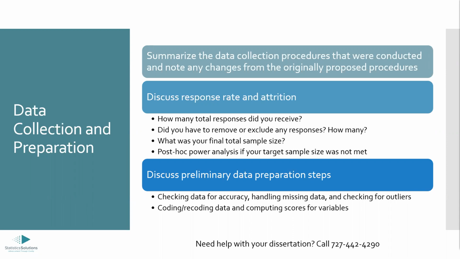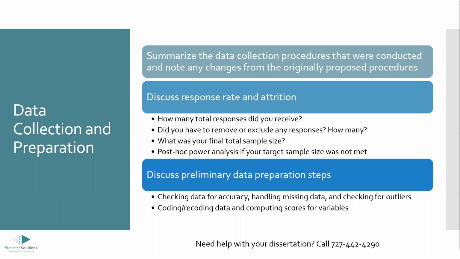And then once you talk about all of the exclusions, you want to state your final total sample size. And if necessary, you may need to discuss a post hoc power analysis if you didn't meet the sample size requirement that you set out in your proposal.